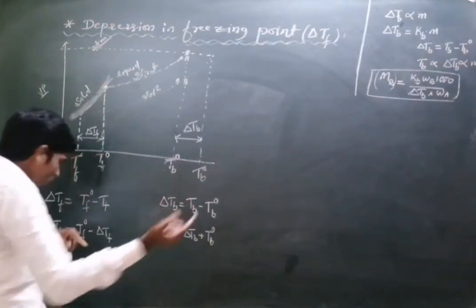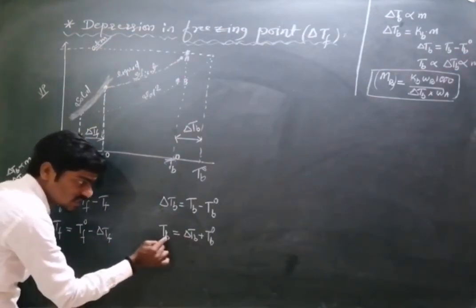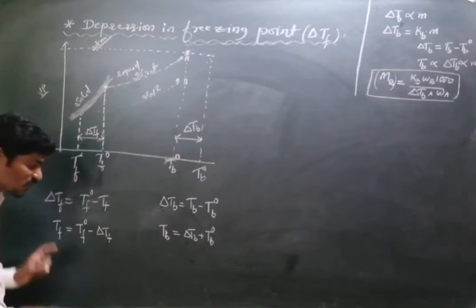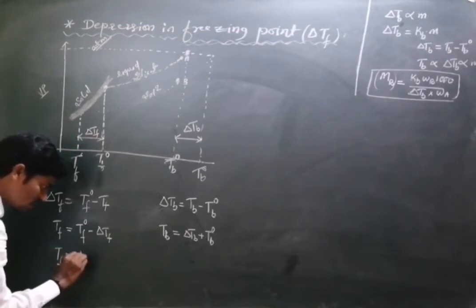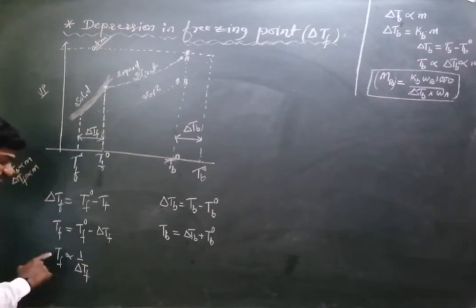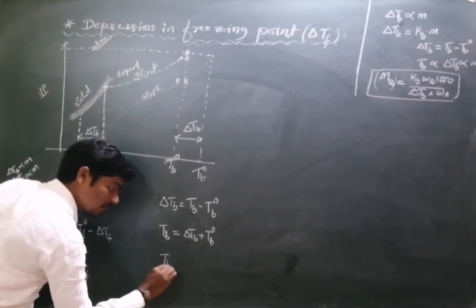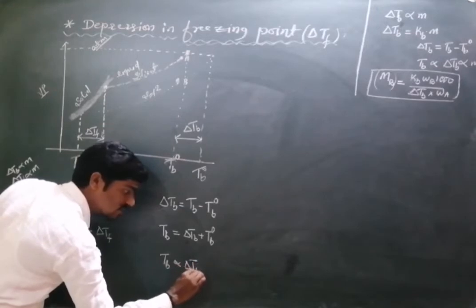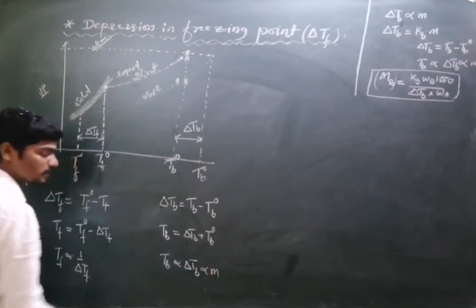So when concentration increases, this term increases. So when this increases, TB increases, whereas TF decreases. Therefore I can write TF is inversely proportional to delta TF, whereas TB, the boiling temperature of the solution, is directly proportional to elevation in boiling point, that depends upon concentration, molality, small m.